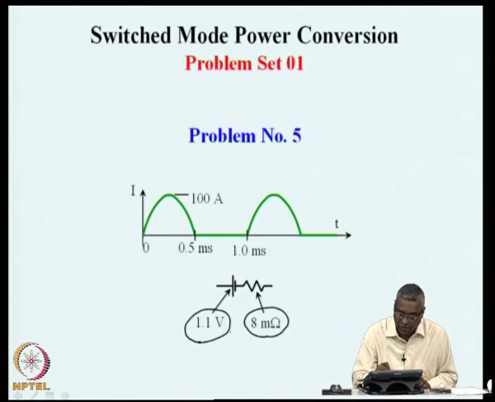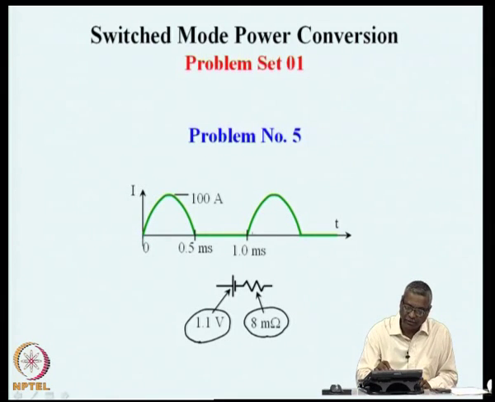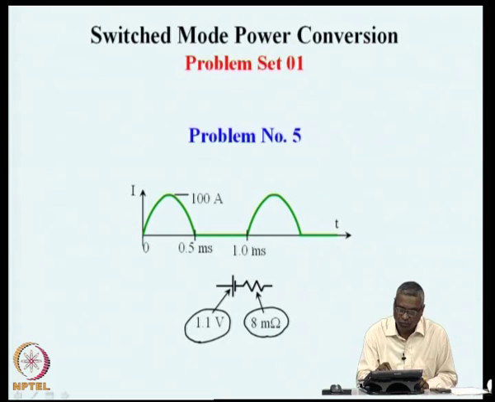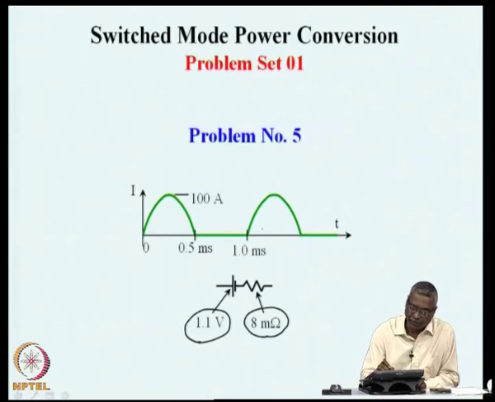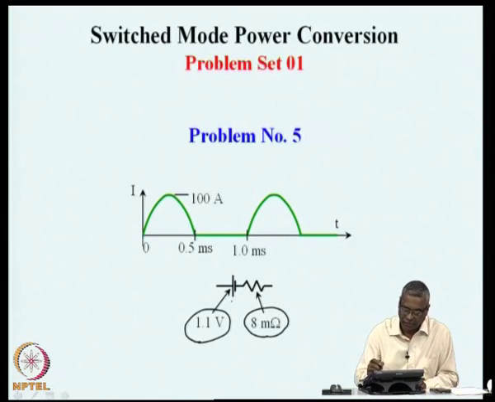And on this model, for the device, we have a half sinusoidal current flowing through, and the period of that is 1 millisecond. Conduction is for half the time, which is half a millisecond, and this half sinusoid has a peak of 100 amperes. So, for such a waveform, it is possible to find out the various quantities, but let us write down what the losses are.